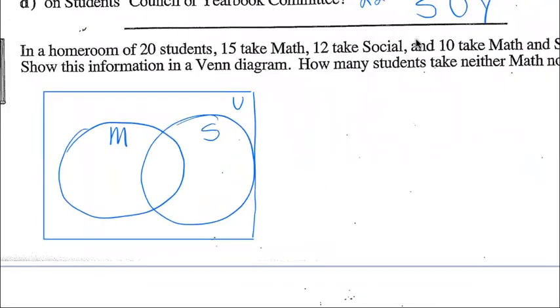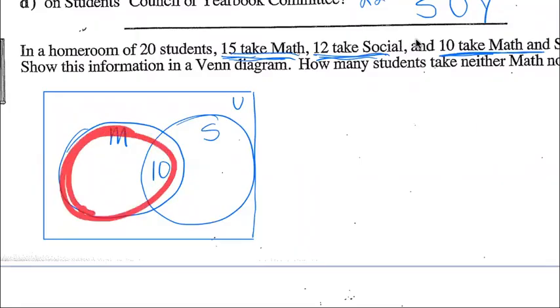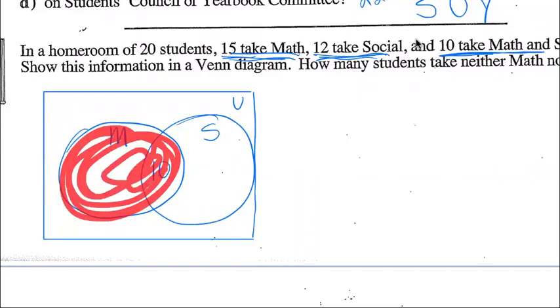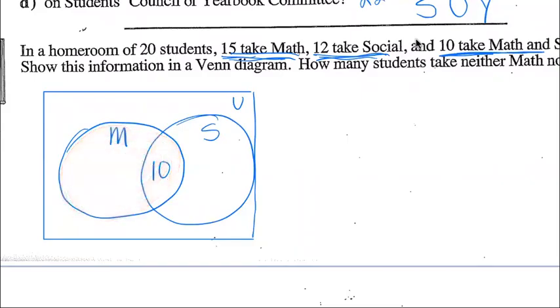It says 15 take math, so 15 total take math, 12 total take social studies, but 10 take math and social studies, so 10 is going to go here. And if 15 take math, then all of this is math, so it's already got 10 in it. So 10 plus 5 is going to make math.